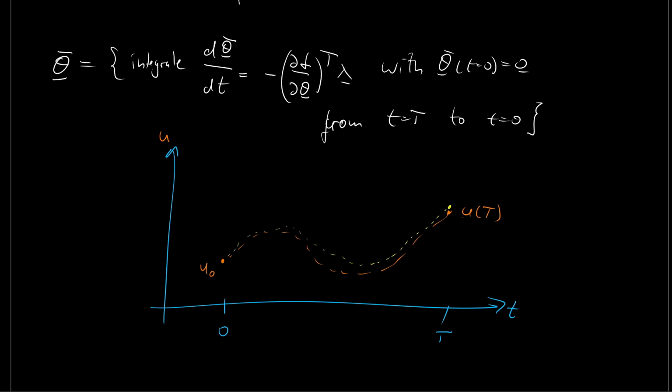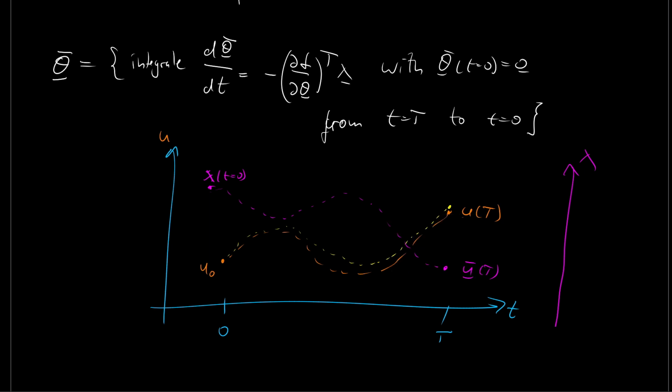Of course, we do not do this separately, but we do it alongside an integration of the adjoint variable, which starts at the cotangent final state. And then I think we had some kind of dynamics like this, and then we will end up at lambda at t equals 0. And this lambda at t equals 0 is the cotangent on the initial condition.